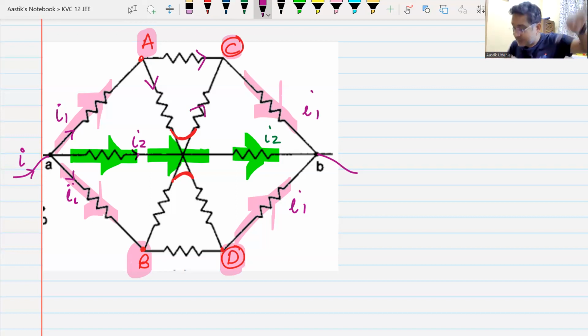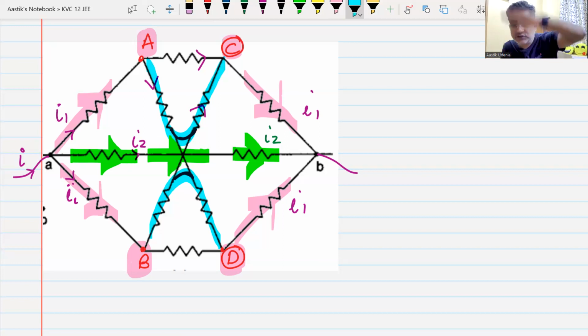Then the same current will flow from here, just like this, and in here it will just flow like this and go. Do you understand what is happening here? It's because of symmetry, beta, and that is the only way you can understand it. Now you can understand how these are connected. Whatever resistance you get for the upper branch, the same resistance you will get for the lower branch. Yes or no?